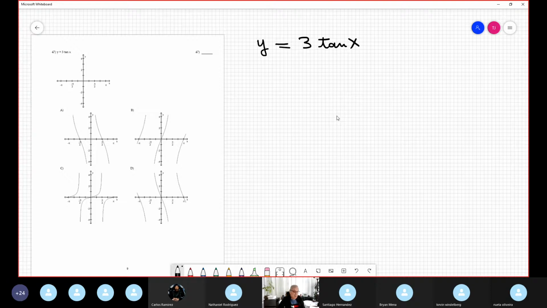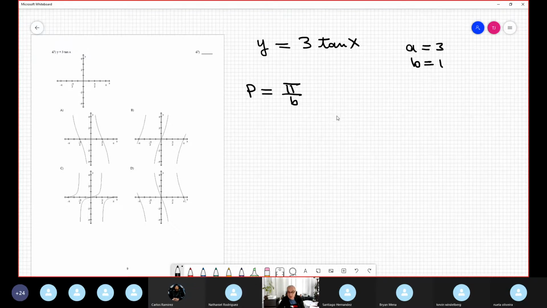Now, A is 3, obviously. And B is 1, because we have no coefficient here. But the formula is different. The period is pi, not 2 pi, because the period of the tangent is pi over b.